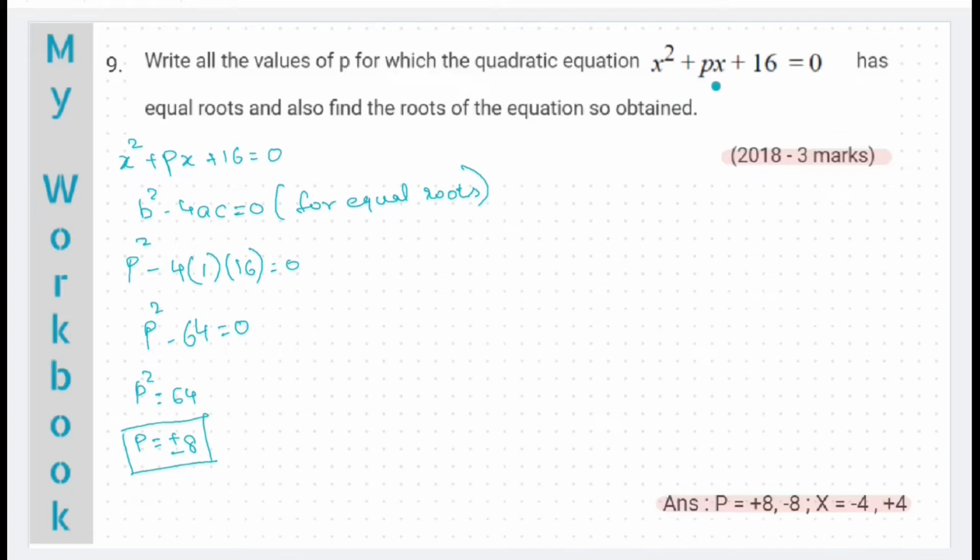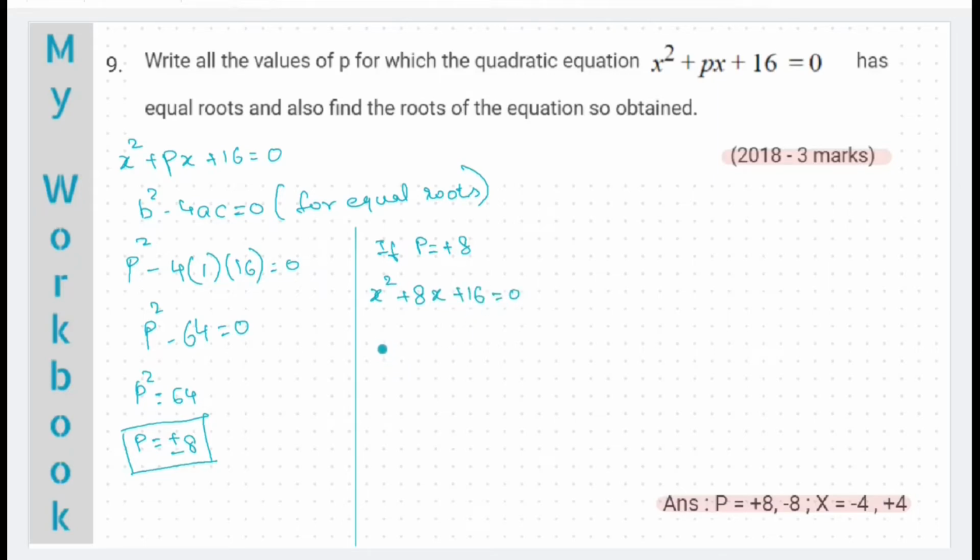Now we've been asked to find the roots of this equation as well. So first let's use the value of p as positive 8. If p is equal to plus 8, what will be the equation? X square plus 8x plus 16 equal to 0.